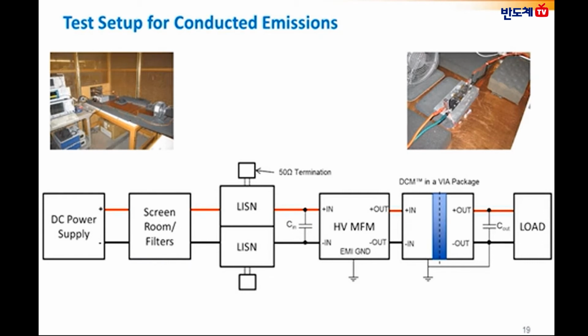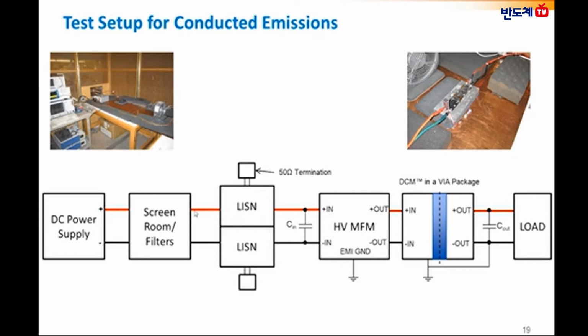An individual line impedance stabilization network is placed on each line, the positive lead as well as the negative lead, to provide a definite impedance looking back into the power supply.